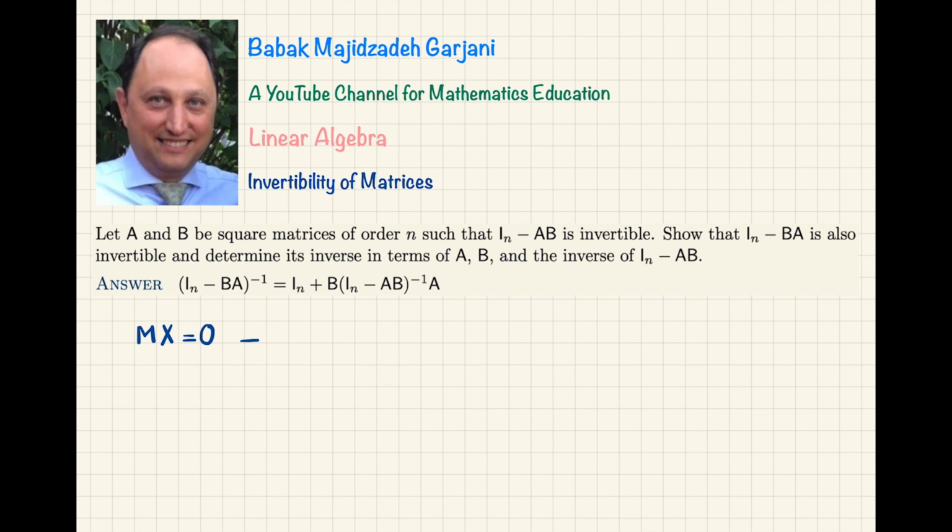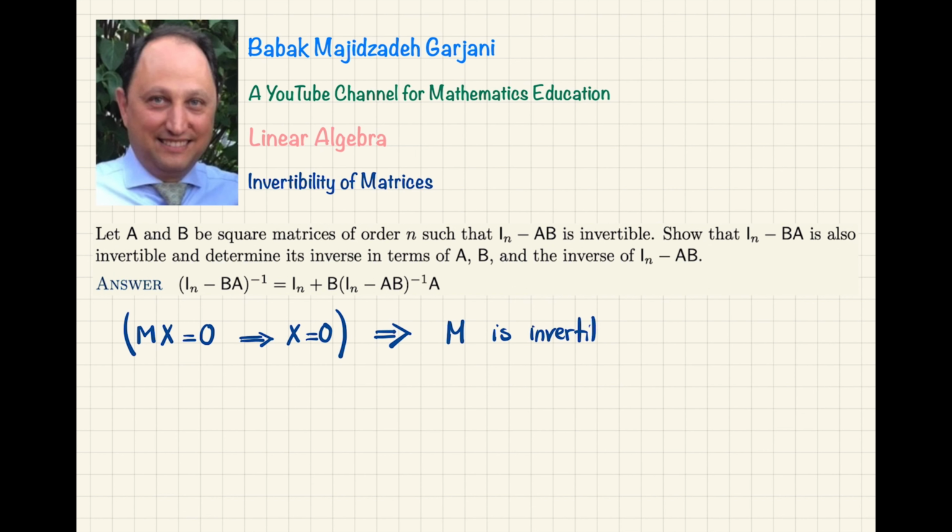If this implies that X is equal to 0, this means that this homogeneous system of equations has only the trivial solution X equal to 0. Then this would imply that M is invertible. Okay? So if this implies that, then from here you can conclude that M is invertible.